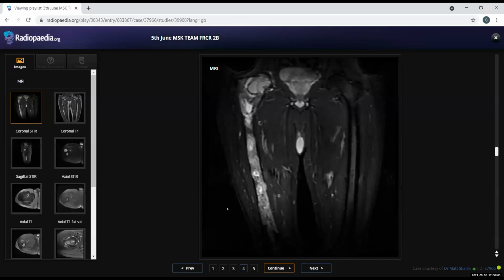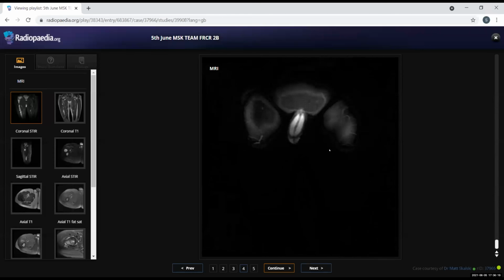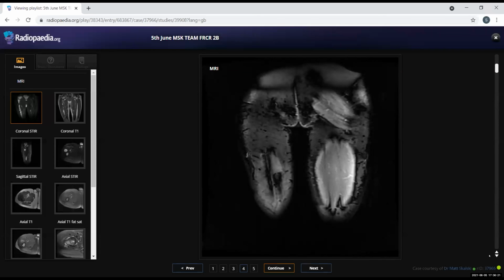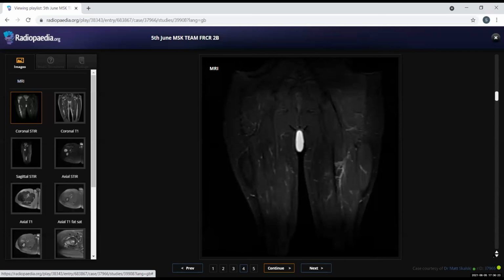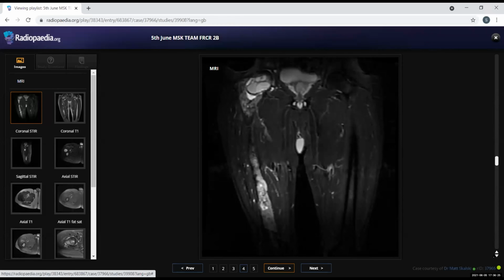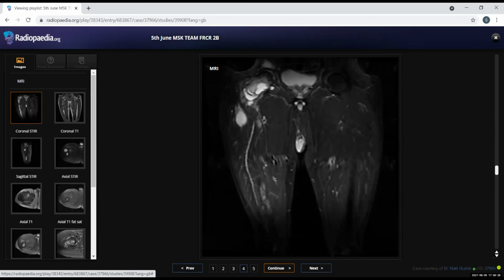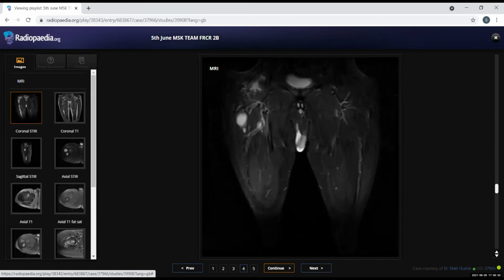This is the coronal MRI scan, fat-suppressed T2, of the proximal femora, and it confirms similar findings to those in the radiograph. I'm looking for any extra-osseous extension of lesions.